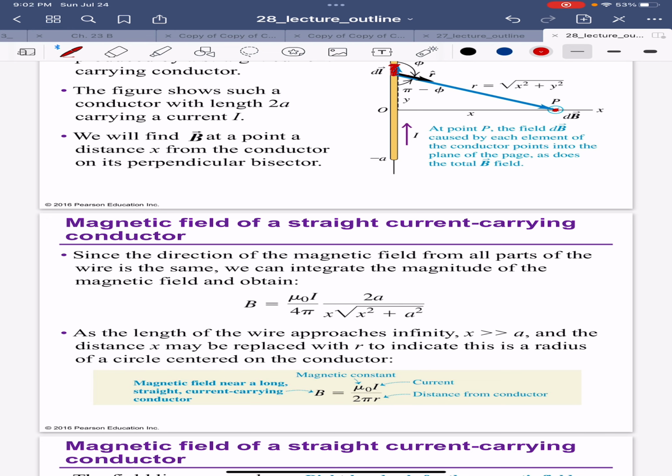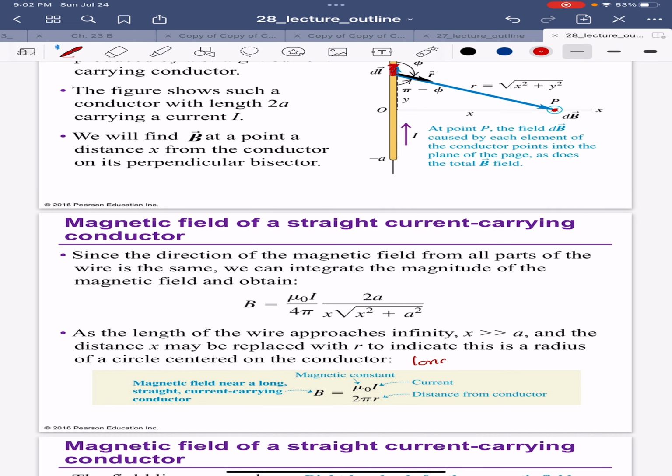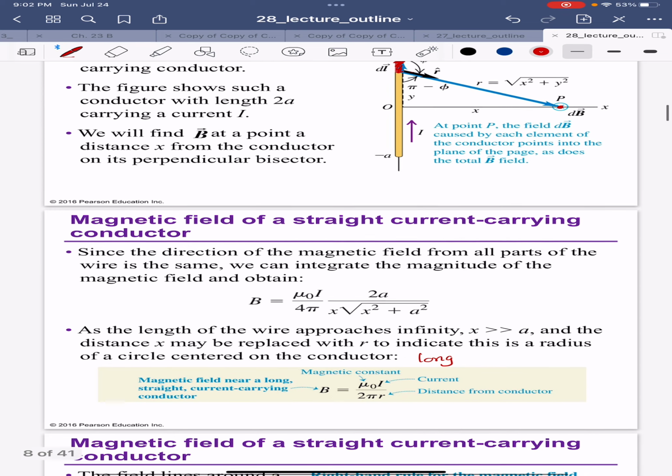And then B is going to be mu 0 times I divided by 2 pi r. Now we use this for what is called a long straight wire or conductor, and this is an equation that we are going to use frequently.